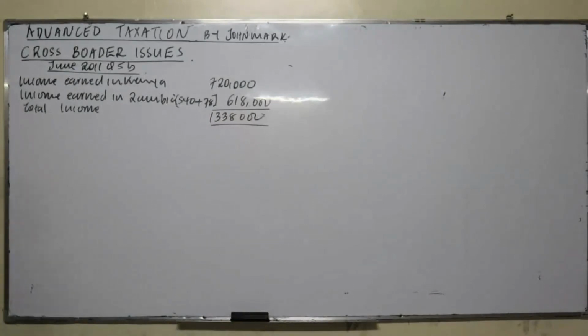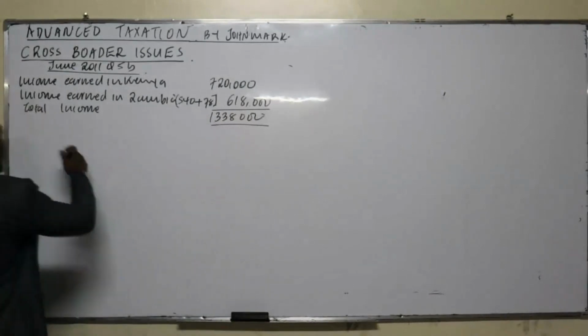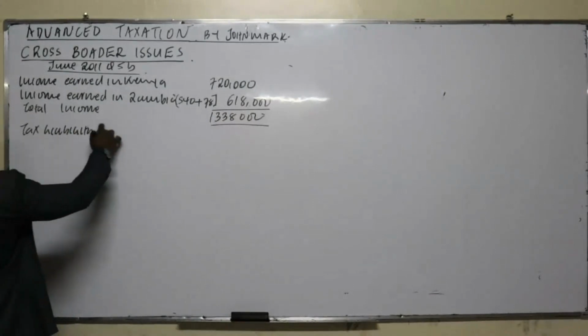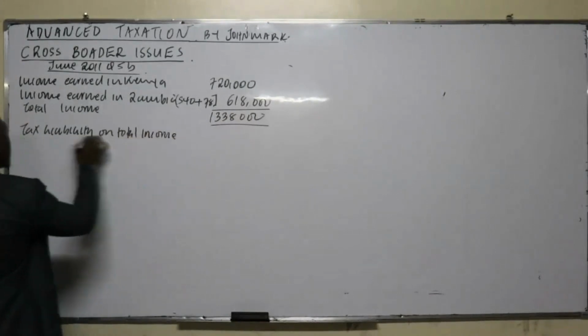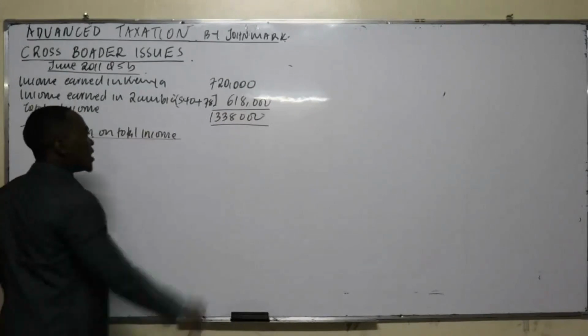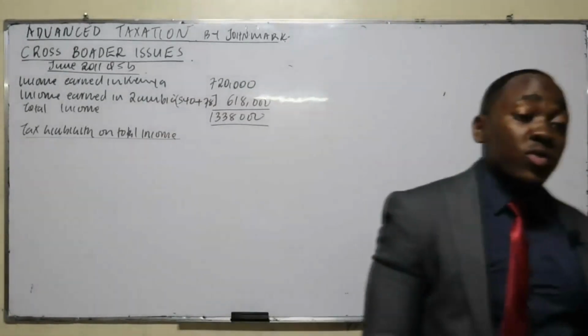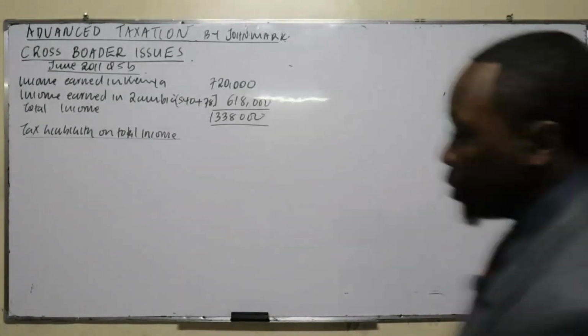Fourth step. Now you determine the total tax liability on the total income. How do you determine the tax liability? We use what we call the graduated scale rate of tax, the one you use to determine your PAYE.